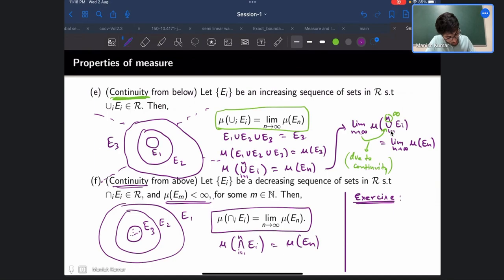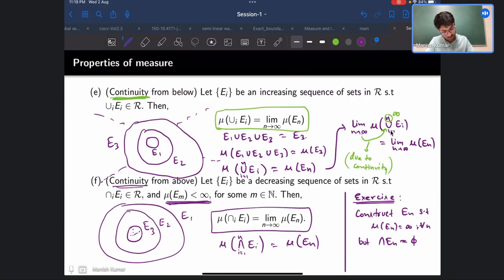In the real line, construct En such that the measure of En is infinity for all n, but the intersection of En is empty. If you can construct such a thing, then the measure of this intersection is 0, but the limit will be infinity. This is a counterexample when you don't assume this condition. In that case, this equality does not hold.